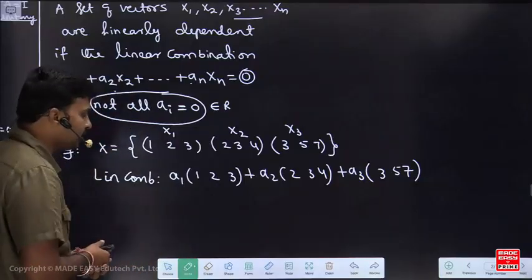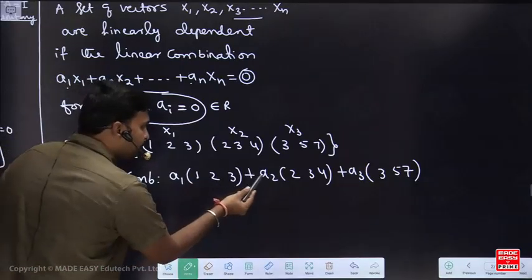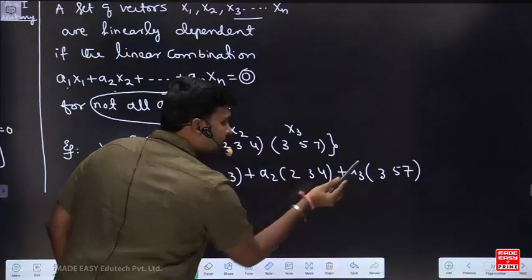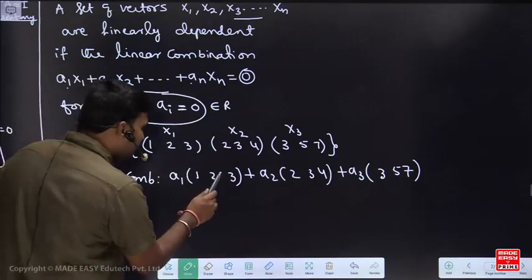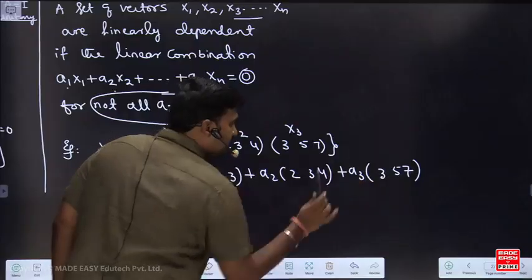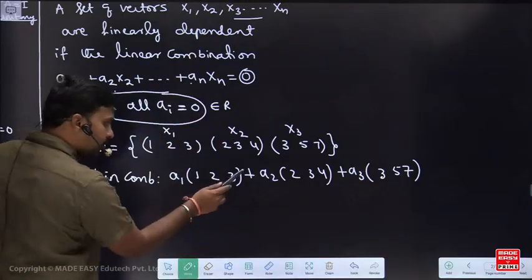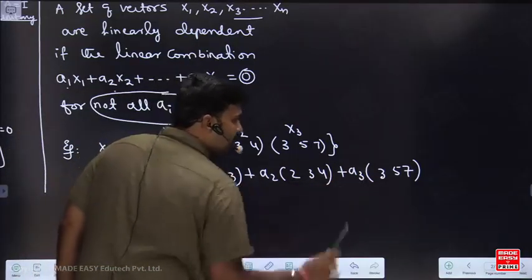So what are the things you can take here? See, आप थोड़ा ध्यान से देखो, 1 plus 2 is 3 or not, right? Okay, so यहाँ पर 2 plus 3 is 5, and then 3 plus 4 is 7.